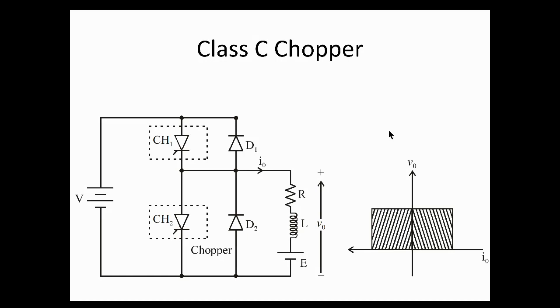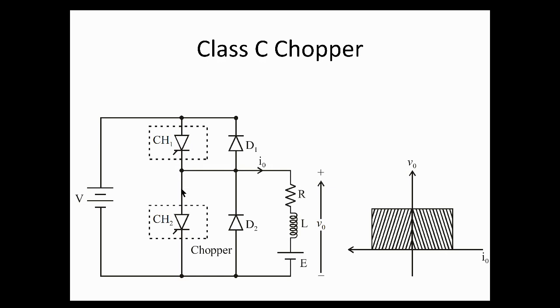So basically, for the first quadrant operation, you would have chopper one being on, or we could say diode two conducts. Either way.